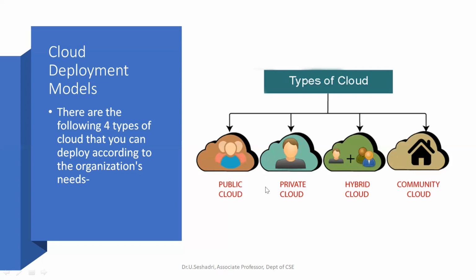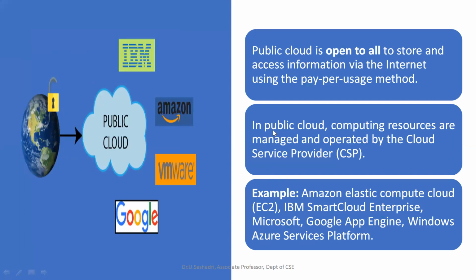Public cloud. Public cloud is open to all. For storing the data and accessing the information by using the internet connection, whatever service you are using, for that service, they have to pay the amount. That is the pay-per-usage method. That's why I mentioned the point here on the PPT.